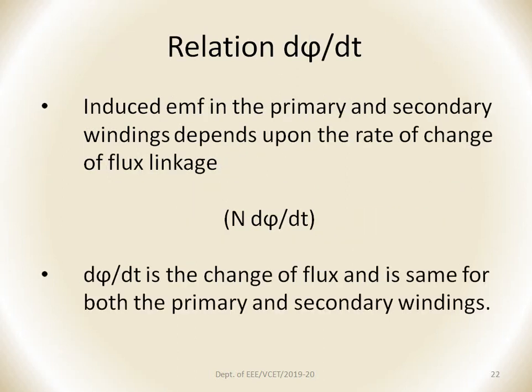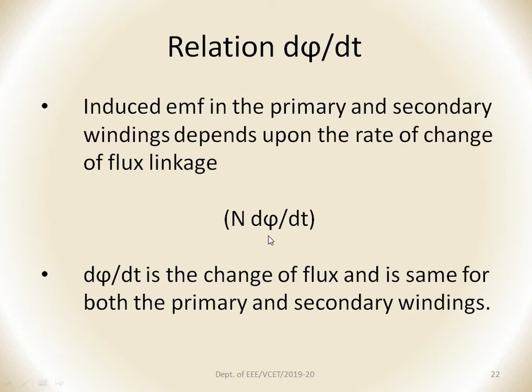The relation d phi by dt, where phi is the flux, is the change in flux with respect to time. This d phi by dt, along with the number of turns, decides the amount of flux present in the primary and the secondary. Here we have an alternating flux.